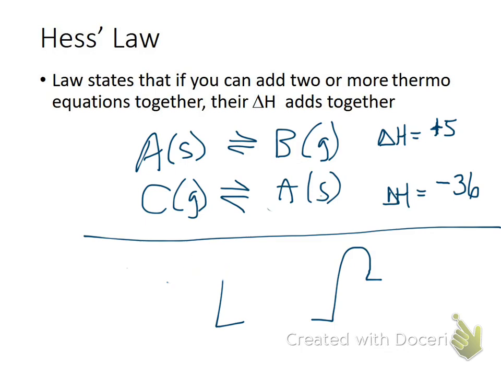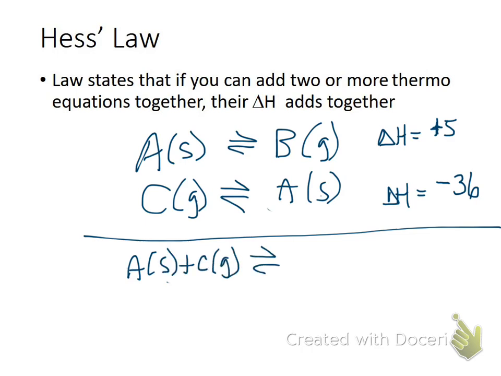But what happens when I actually add these two equations together? Well, this is what happens. You get something that looks like this. A solid plus C gas. And then on the other side, I have A solid plus B gas. And here's where it gets really interesting. It turns out that these two, the A's, are on opposite sides, and like a spectator, they will cancel.